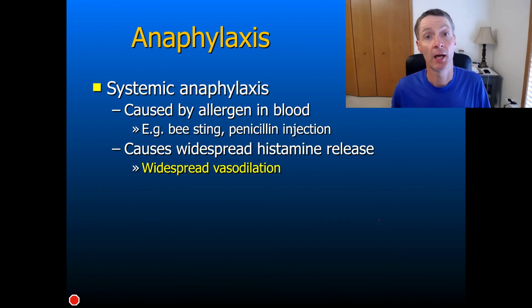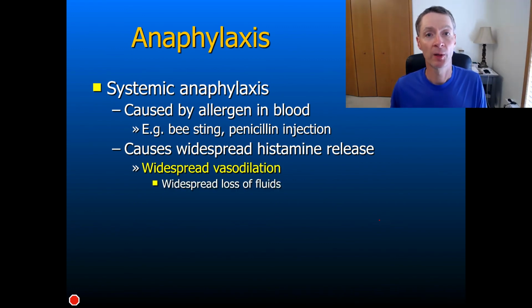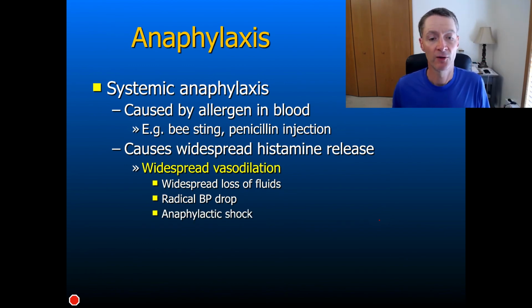Here, it's going to happen throughout the body, and this is going to be cause for widespread loss of fluids. Now, it may not be fluids you're leaking from the body, right? These fluids are going from bloodstream to tissues. That's where the loss is occurring. This means the blood pressure will go down dramatically because fluids are no longer in those pipes, right? In those blood vessels. And this means there will be a shock, a circulatory shock called anaphylaxis, okay?